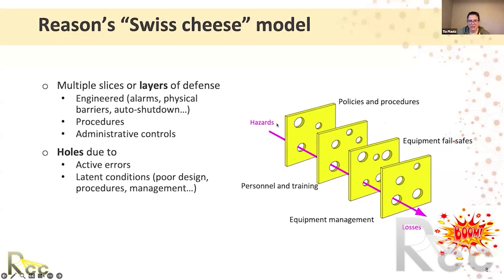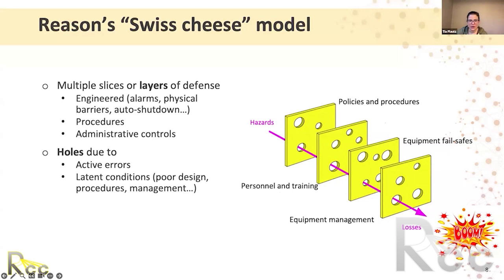So this situation where you have a hazard drawing a straight line through the holes in all of the barriers indicates that there's poor design in these barriers, and probably another checkpoint should be inserted at some point in this process to block this error from coming through.